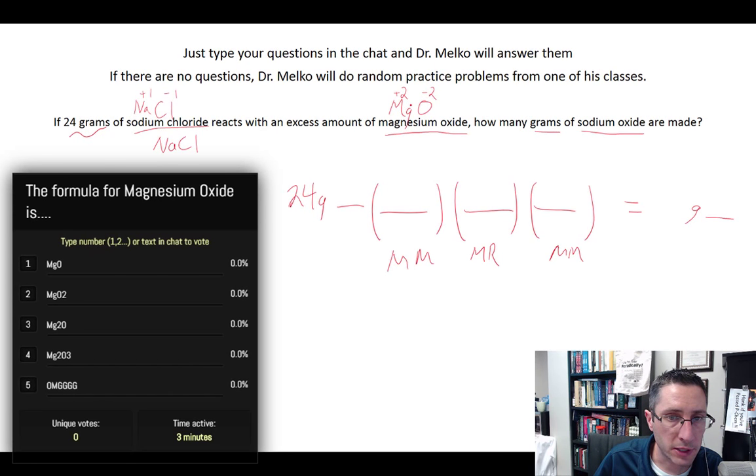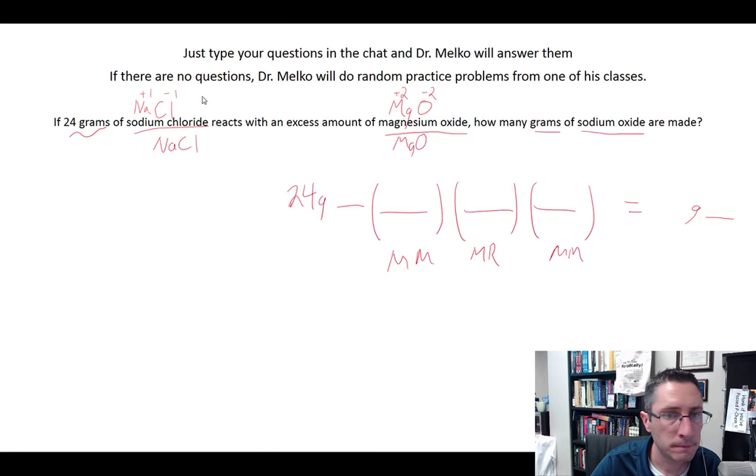It's a 1-to-1 ratio here, so that's also going to be just subscripts of 1 and be MgO. Okay, so we know those are the reactants. Those are the 2 things coming together. And then we're told there's some amount of grams of sodium oxide that are made.